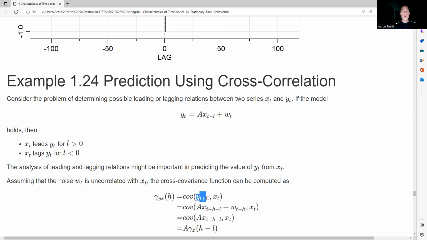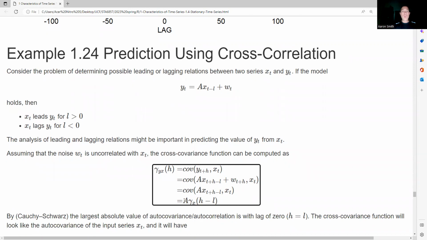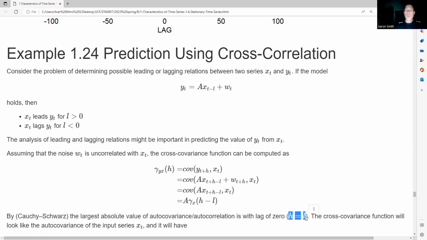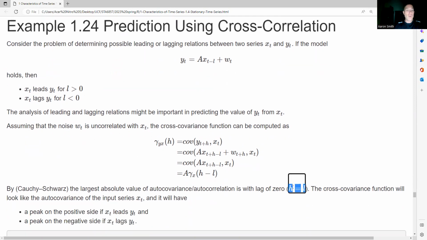I just take the covariance, standard formula, replace y with this, realize that the noise is independent of everything else that's going on, and then off of the standard covariance formula, we get that it's the constant times the covariance of x at h minus L. And of course, we're going to get our largest covariance when h is equal to L, and that comes from the Cauchy-Schwarz inequality.